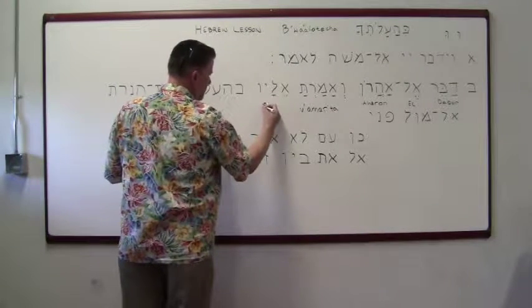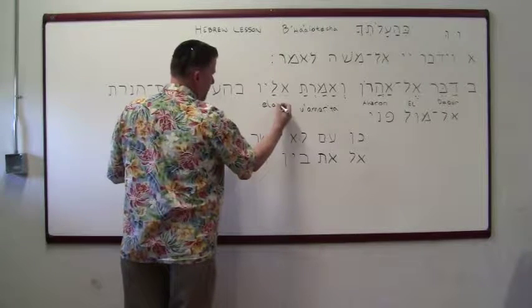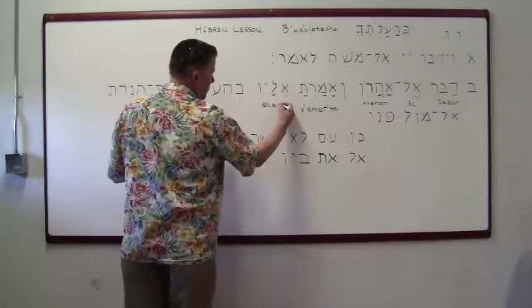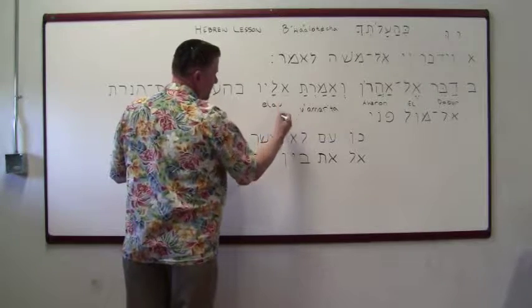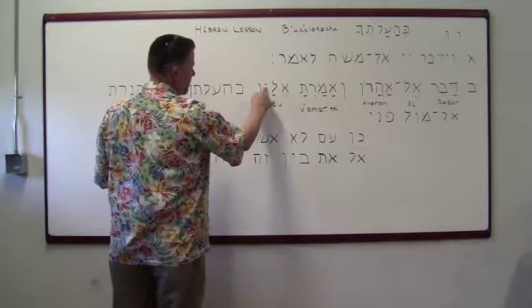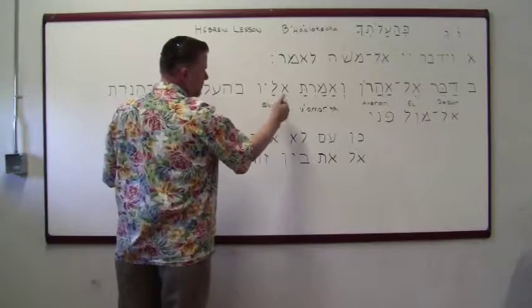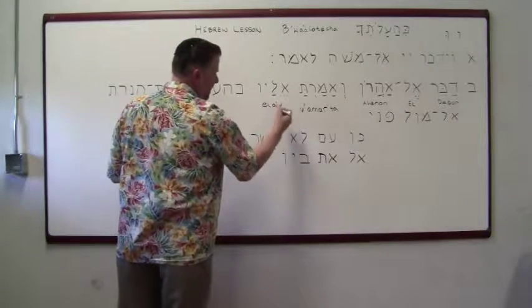So we have the L, A, E, V. Okay. This is one vowel. It's a kamatz yud, and it gives you kind of an AI sound.